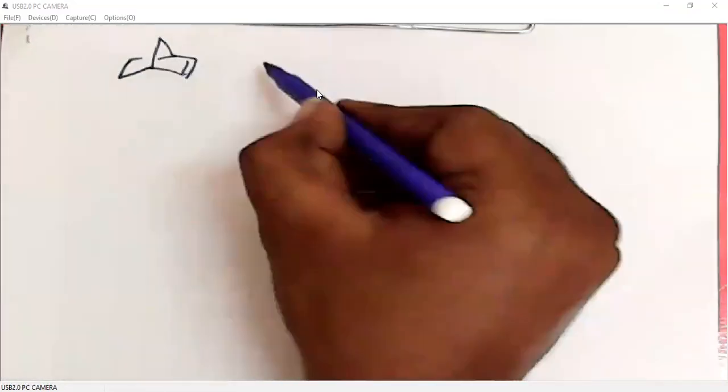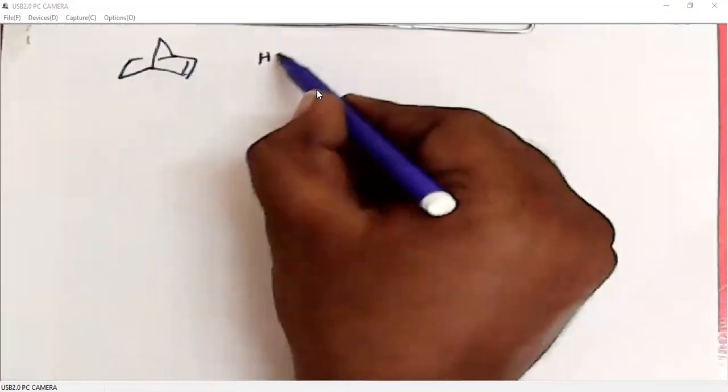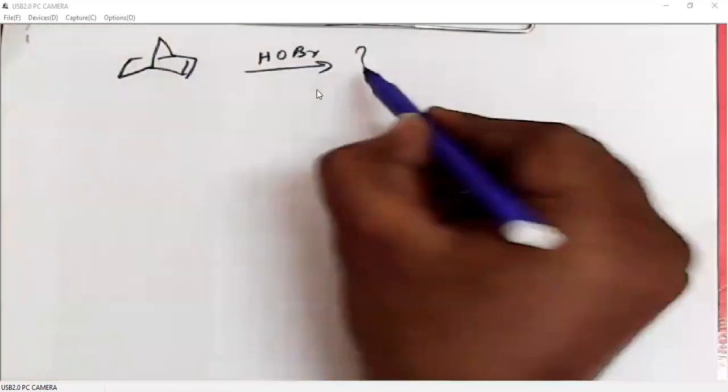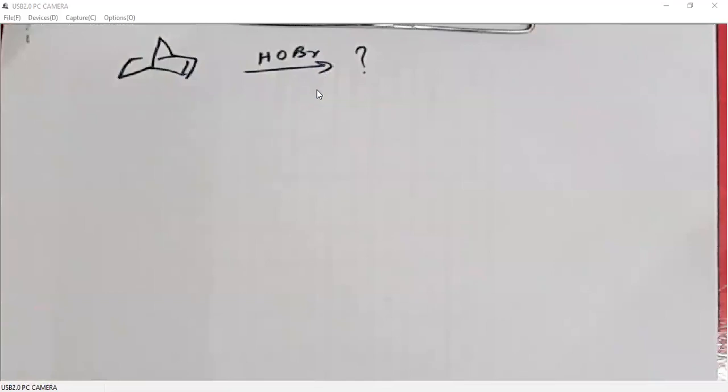When we treat narcotine with hypobromous acid, then epoxidation occurs, okay? Whether it is below the plane or above the plane. So in that case, what we call exo or endo epoxide.